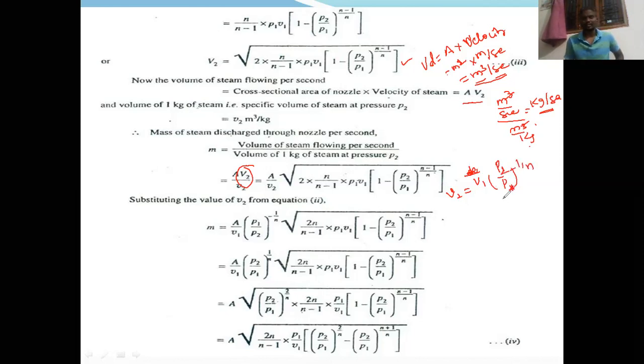This is what we got in the previous derivation. So we are substituting that value here, and we are substituting that v2 value here.